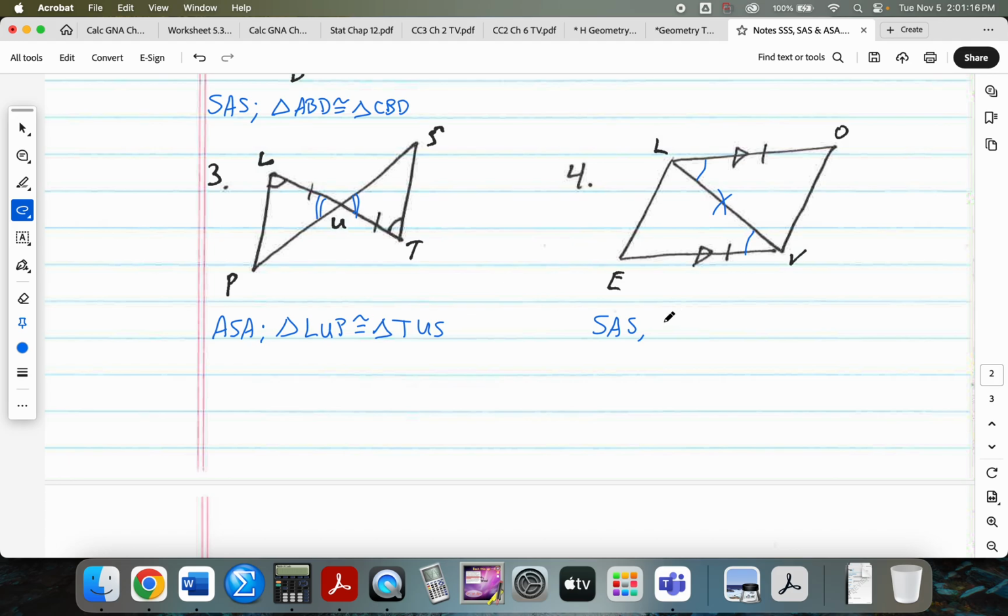If I name the first one EVL, E matches up with O, V in the bottom triangle matches up with L in the top triangle, and then L must match up with V.